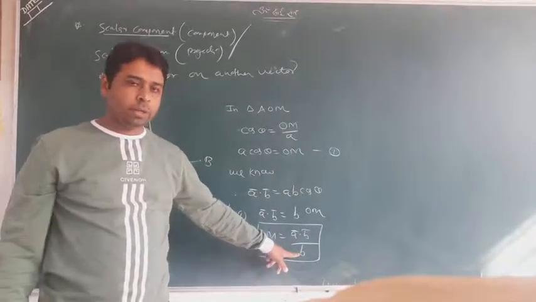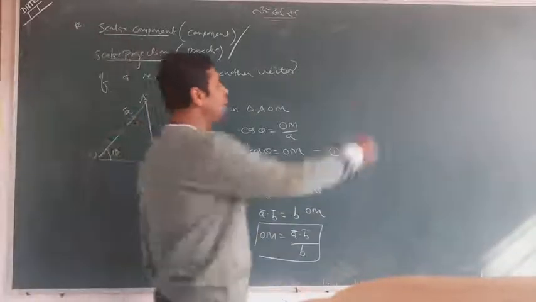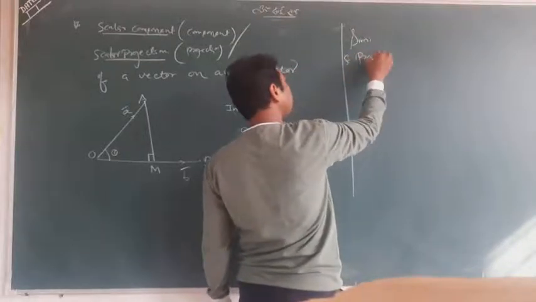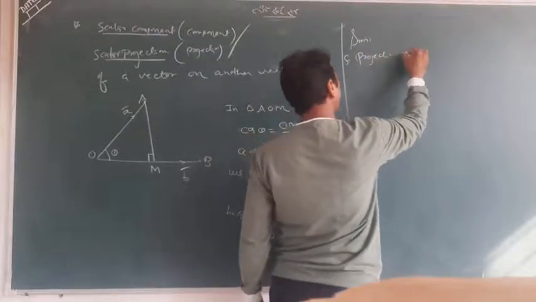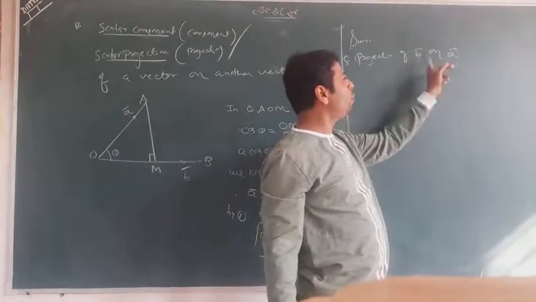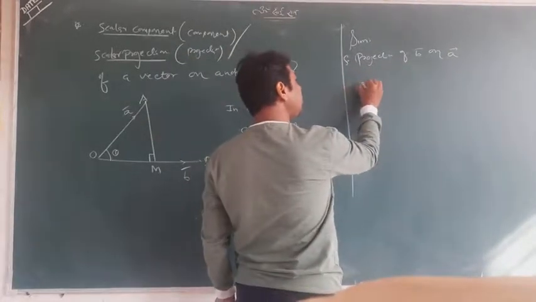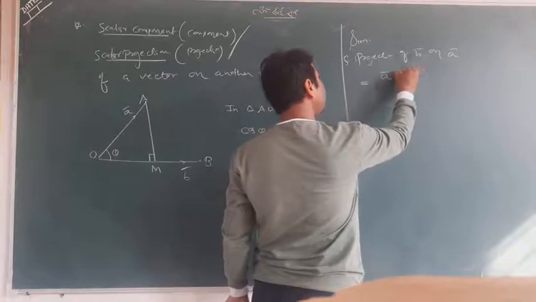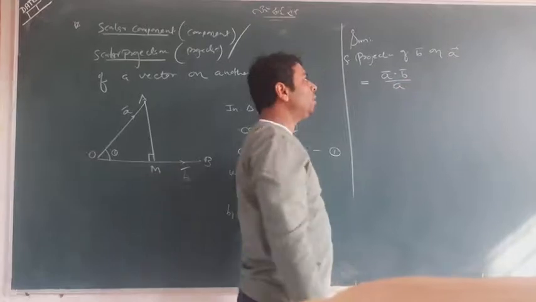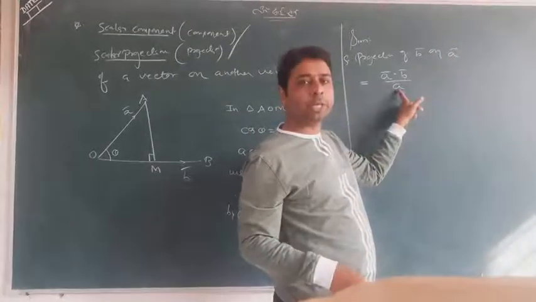If you are supposed to find B on A, then similarly the scalar projection of B on A, or B in the direction of A, B along A, this answer will be A dot B upon, this time it was B, now it is mod A. So in the direction of whichever vector you are using, the same will come in the denominator.